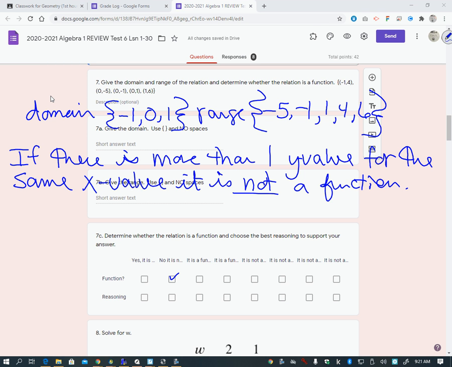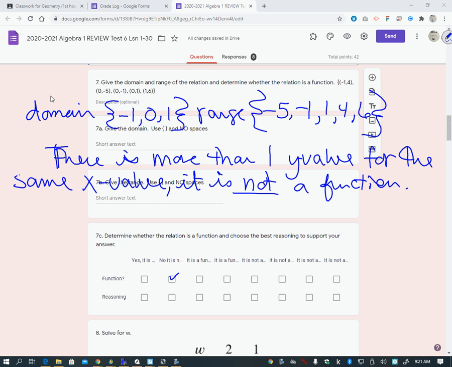So, if I was going to have to type a sentence, what I would type is: there is more than one y value for the same x value. It is not a function.